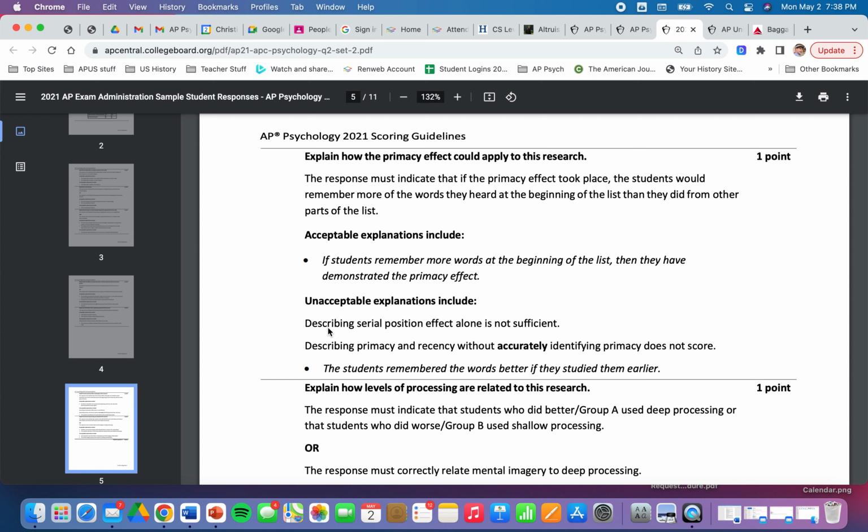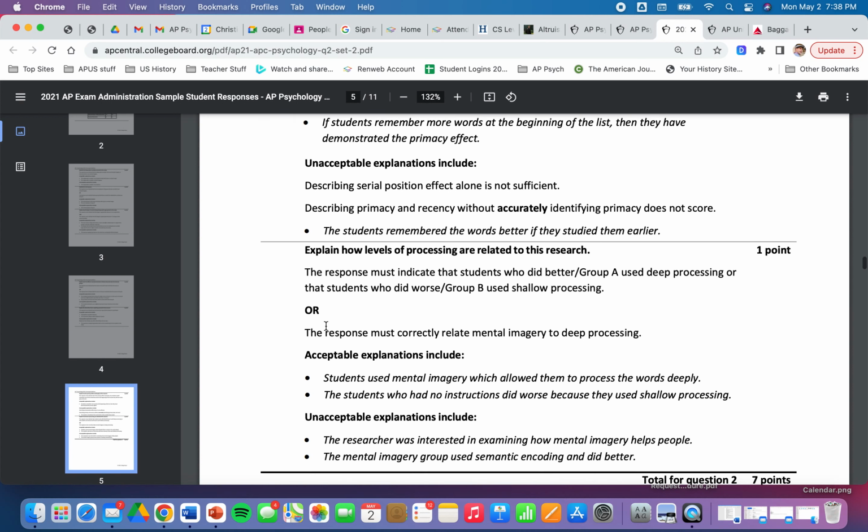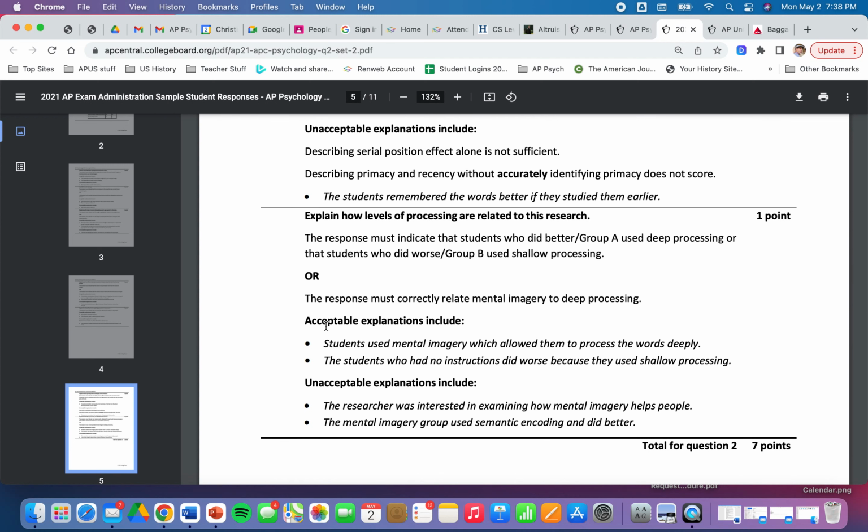Wait, this is the question about processing, right? Correct. So no, it does not. The second one that you said, using mental imagery led to deeper processing, would still be okay. Correct.